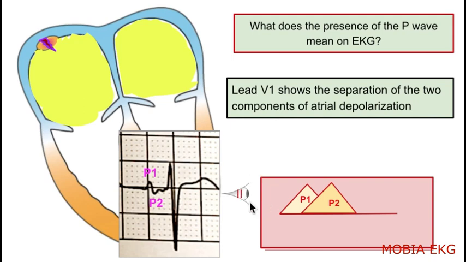Lead 2 actually shows one P wave because these two components have overlapped. But because of the angle of lead 1 to the atrial depolarization, it can show separation between the right and left atrial depolarization. At the beginning, I said the P wave with sinus origin is biphasic in lead V1.